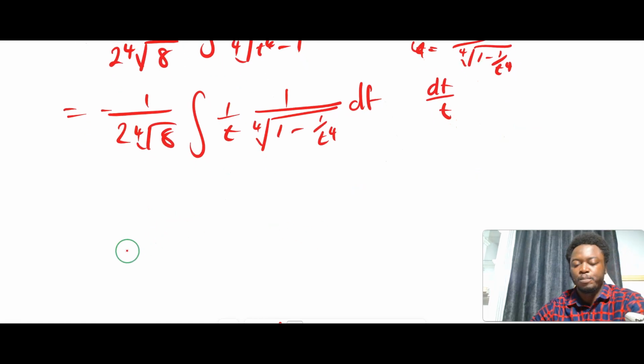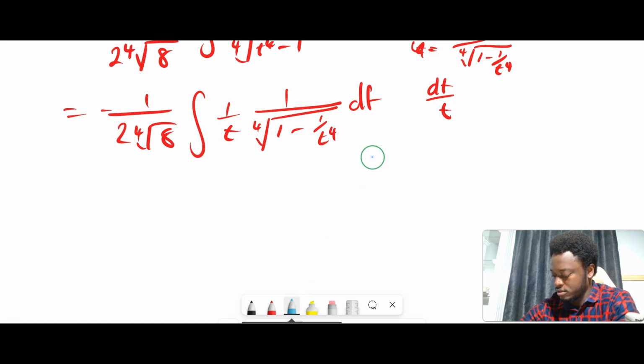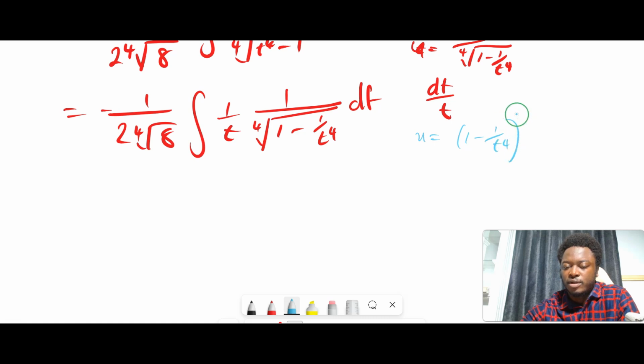We will set u equal to (1 minus 1 over t to the 4th) to the 1 over 4. So basically u to the fourth would be 1 minus 1 over t to the fourth power.